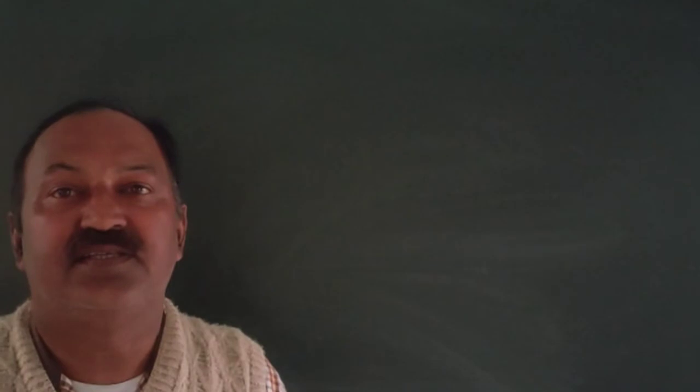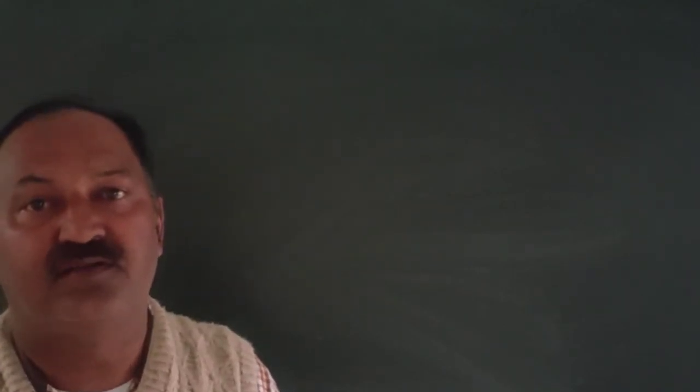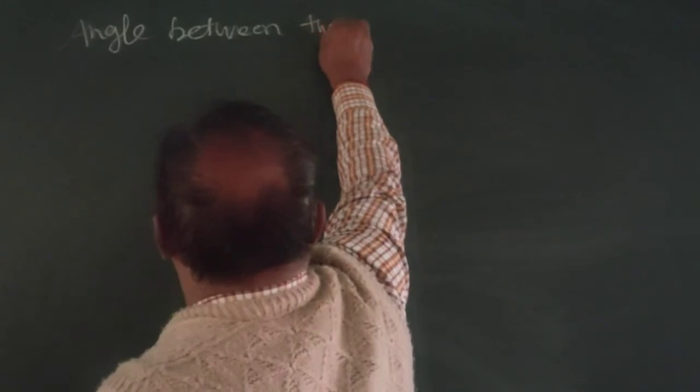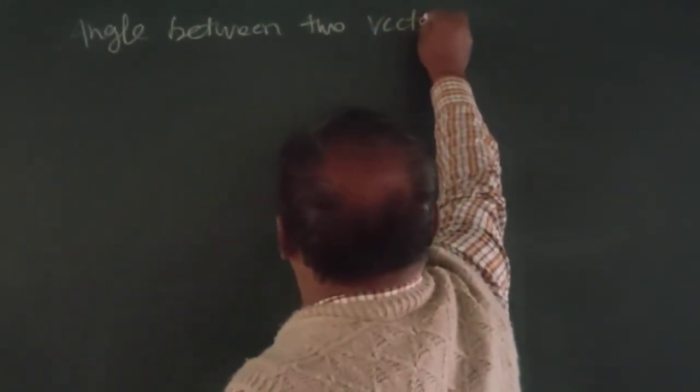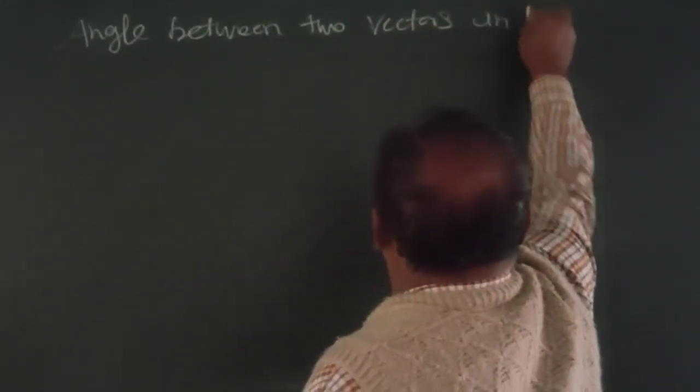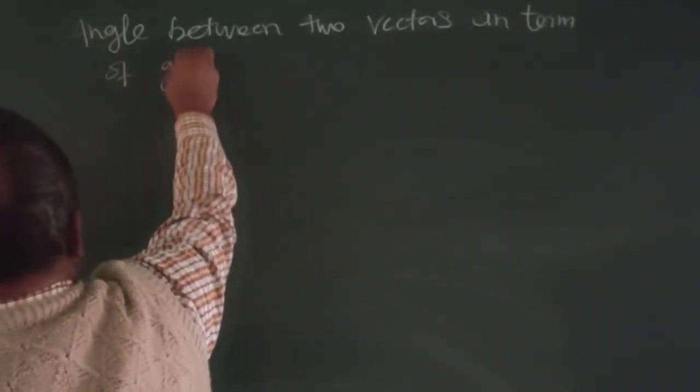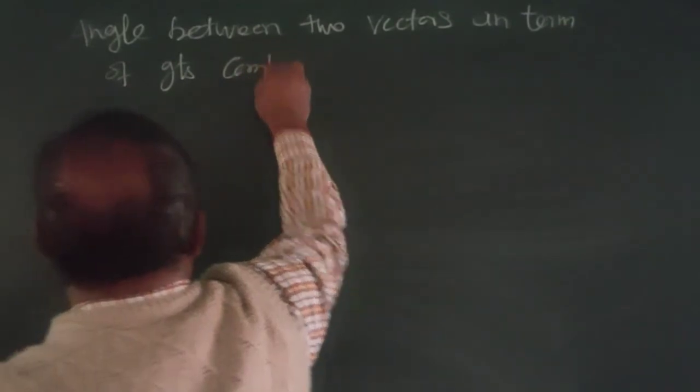Now let us find the angle between two vectors in terms of its component. Angles between two vectors in terms of its component.